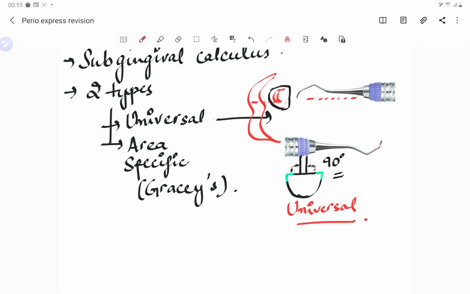They are different for each tooth, and again different for the surfaces of the tooth. The Gracey curettes are different for the facial surface and the lingual surface. These are area specific. That is why we call it area specific, right?